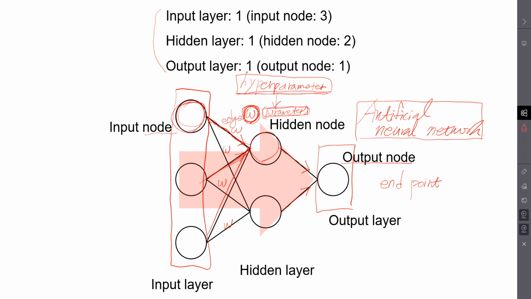So we are gonna need to optimize this set of hyperparameters, and the number of layers and number of nodes are also a part of hyperparameters in this sense.